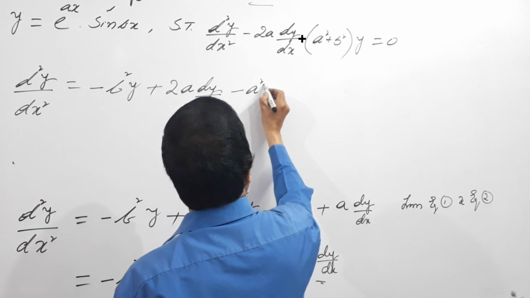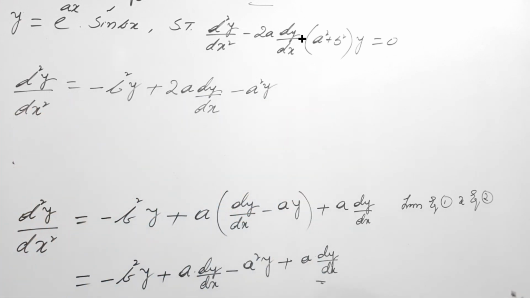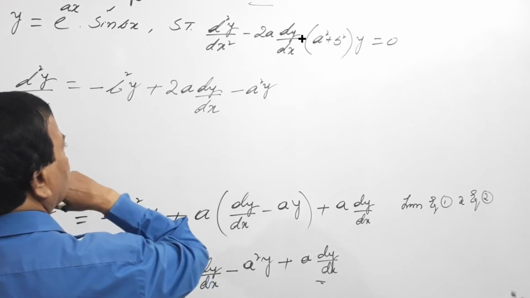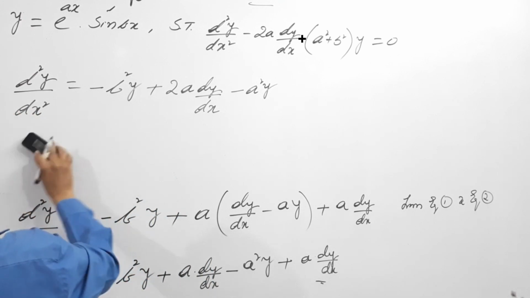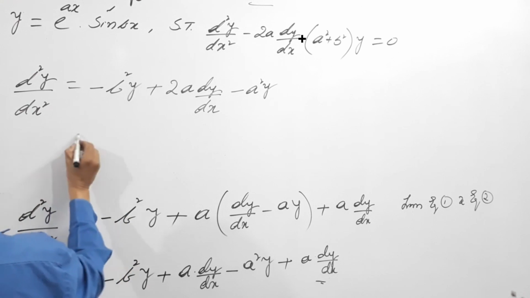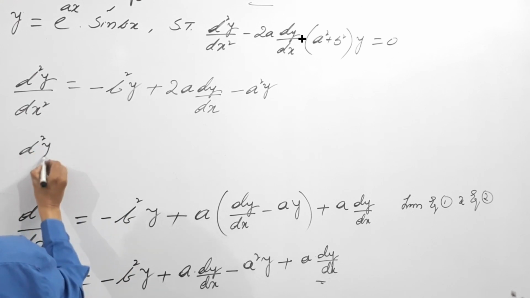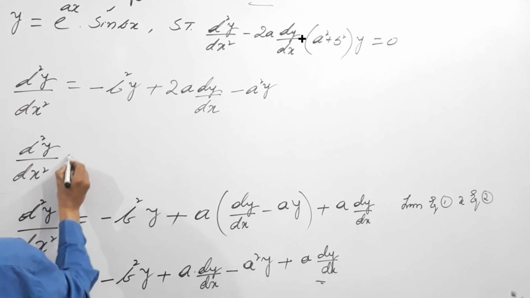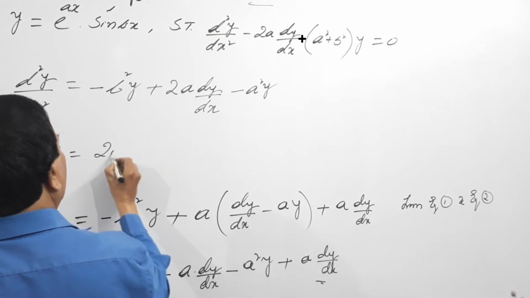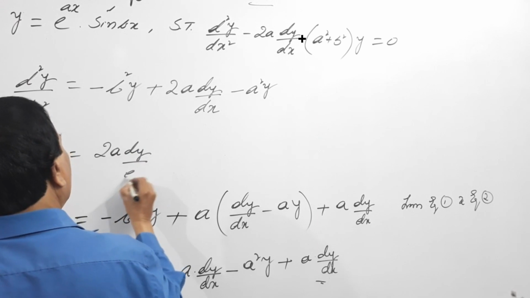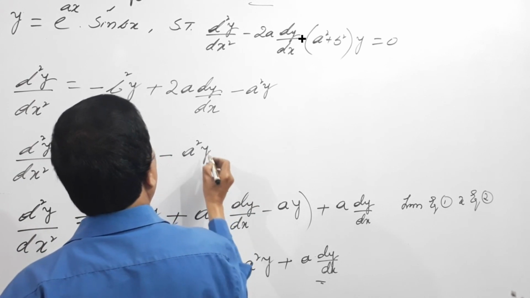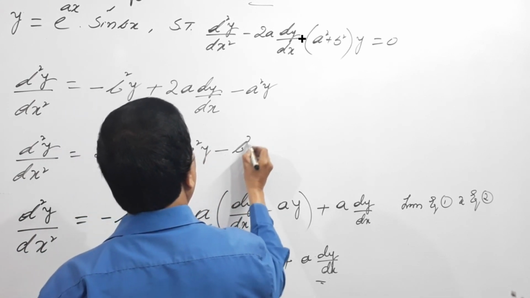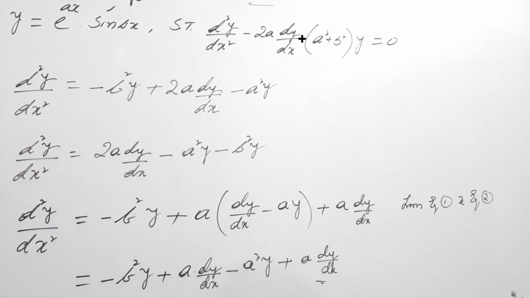Minus a square y. So this is d square y by dx square equals 2a into dy by dx minus a square y minus b square y. I have rearranged it.